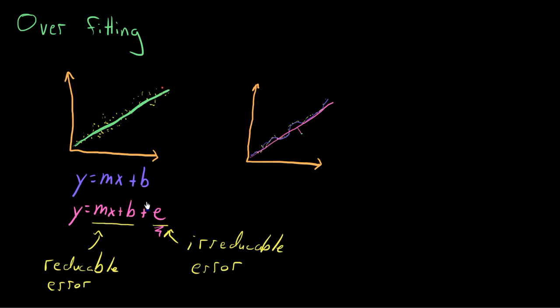I hope that makes sense. I just want you to understand this from a conceptual point, from an intuitive approach. We're going to have some equation, and we have data points that we can actually create an equation from. But when we start trying to follow these data points too closely, we're essentially trying to guess something that we fundamentally can't guess.